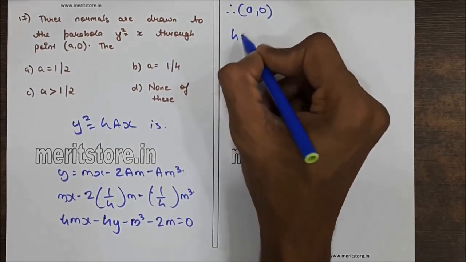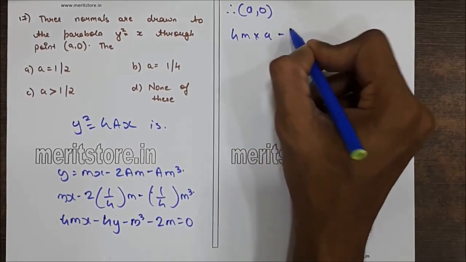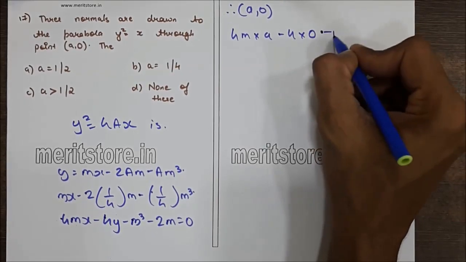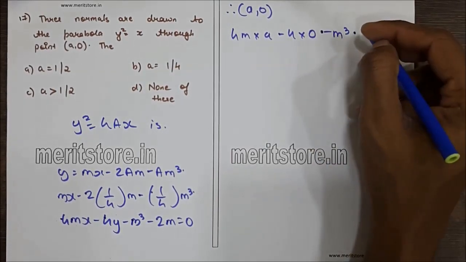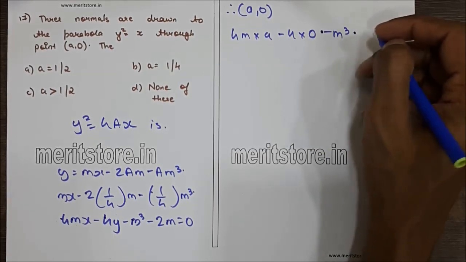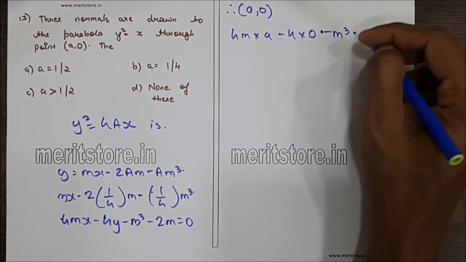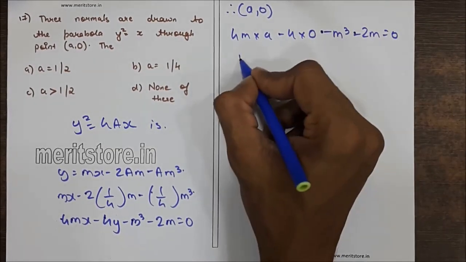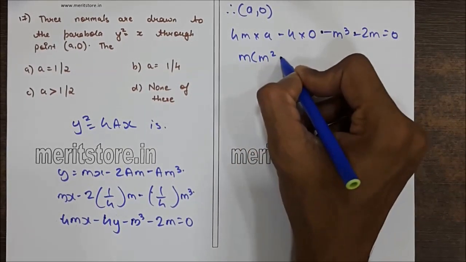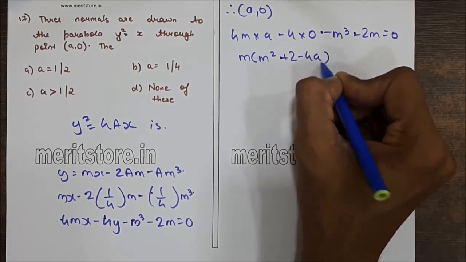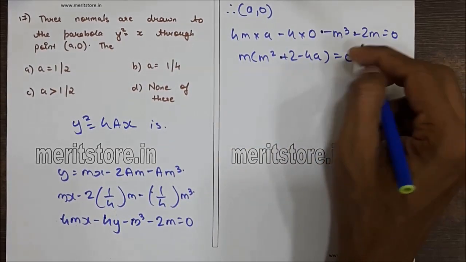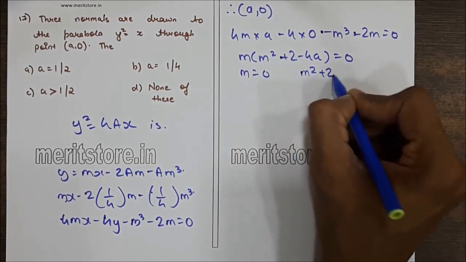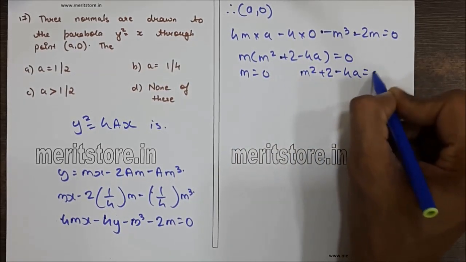So 4m into a minus 4 into 0 minus m cube, where we substitute the value of y, we get m cube minus 2m equal to 0. So we get this as m square plus 2 minus 4a, which is equal to 0, where we get m is equal to 0 and m square plus 2 minus 4a equal to 0.